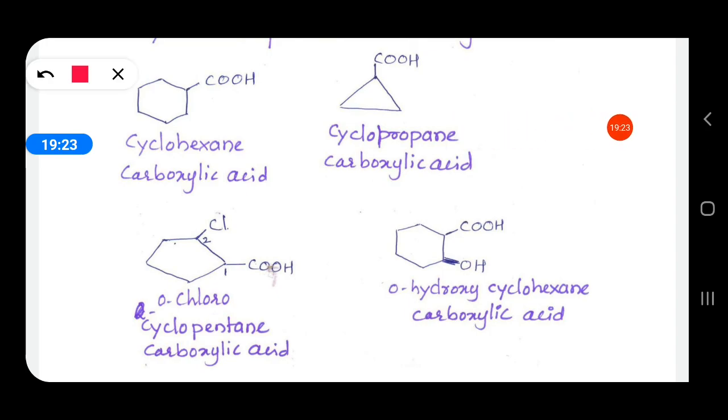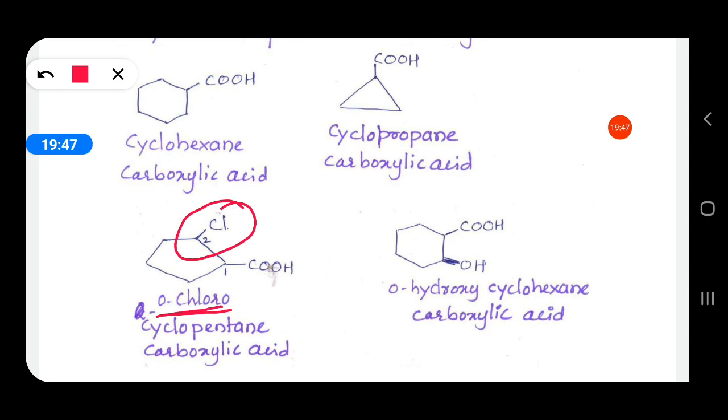If substituents are present, then the position is taken as ortho, para, like this, or numbers 1, 2 are taken. So it is orthochlorocyclopentane carboxylic acid. The substituents are always written in the prefix.